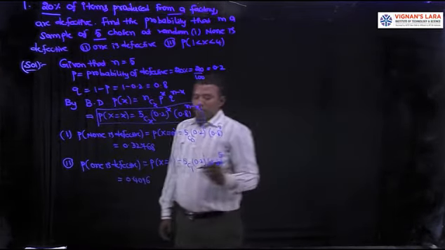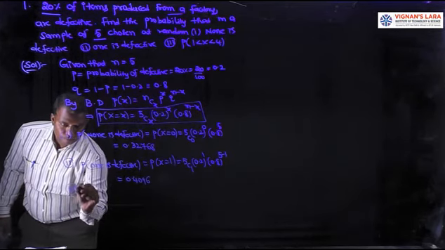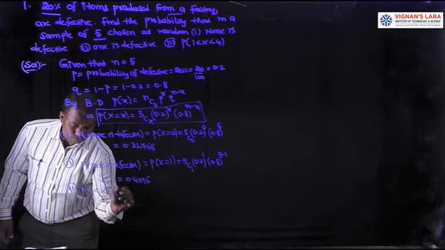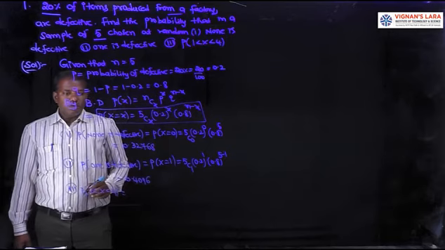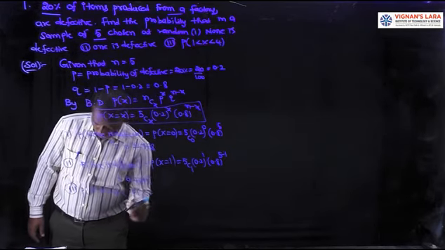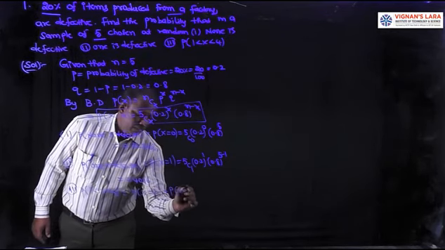Next, third one, P of 1 less than x less than 4. In between 1 and 4, excluding 1 and 4. So it is P of x equal to 2 plus P of x equal to 3.